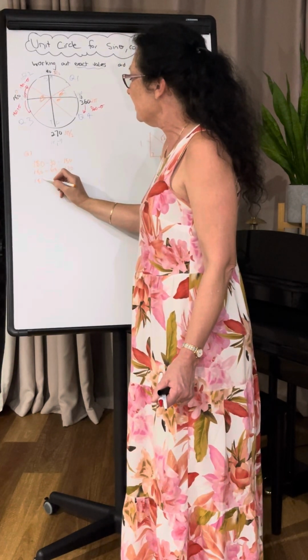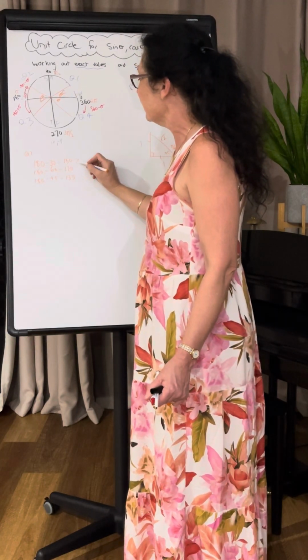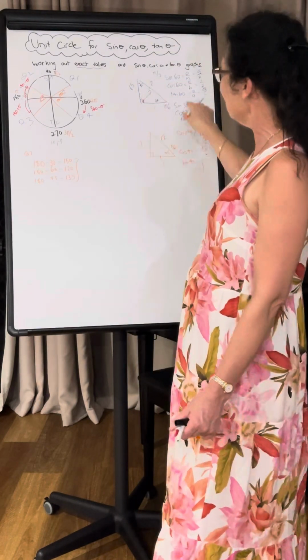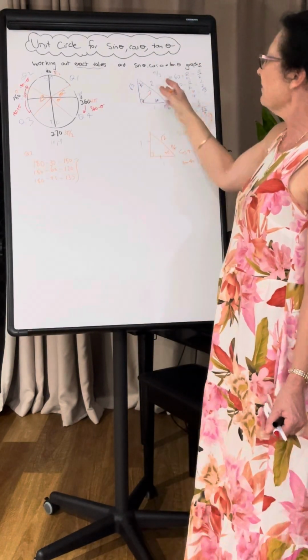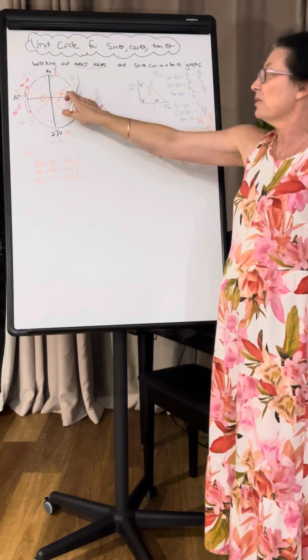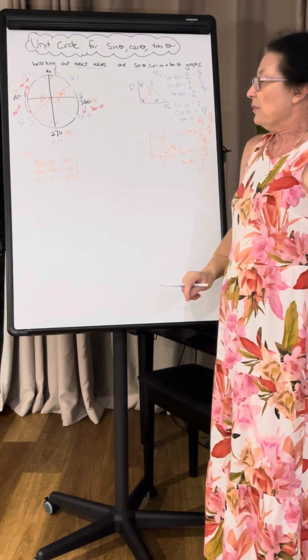And 180 minus 45 is 135. These are your nice trigger values. You can work out using your exact values with 30, 60, 45 in quadrant 1. Quadrant 2 is 150, 120 or 135.